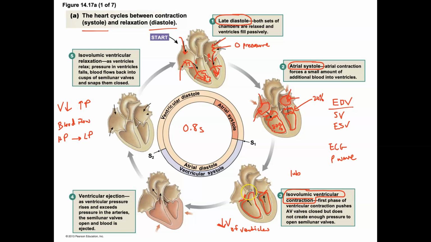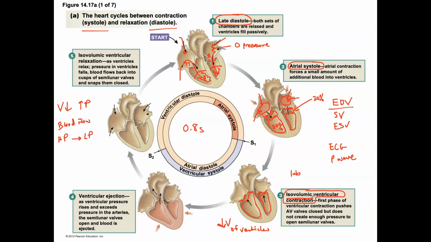You're also going to notice, though, that your semilunar valves are closed. So this is the pulmonary semilunar, this is the aortic semilunar. So this is preventing blood from going out to the lungs. This is preventing blood from going out to the body through the aorta when those semilunar valves are closed. So if all the valves are closed, then the volume of blood within the heart cannot change, hence isovolumetric.